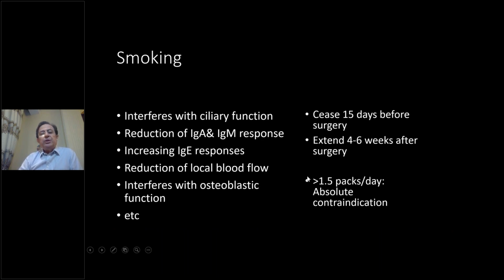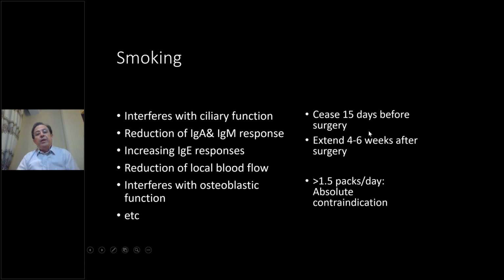Before starting the surgery, we must ask our patient about smoking, because smoking interferes with ciliary function, reduces the immunologic response, increases IgE responses, and reduces local blood flow.